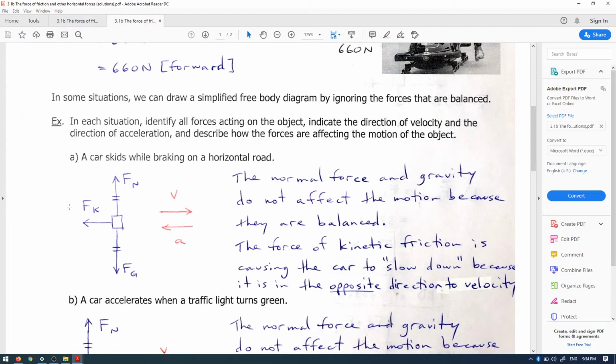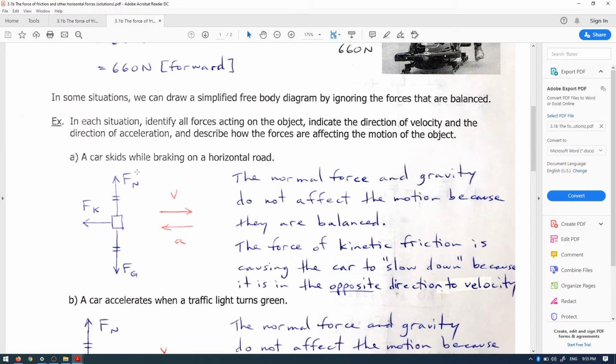If we take into account both horizontal and vertical forces, and let's say the car is moving forward, but the acceleration is backward, well, then there's a kinetic friction clearly backward because it's slowing down. That's the whole point of braking. And you've also got a normal force that's up and a gravity force that's down.